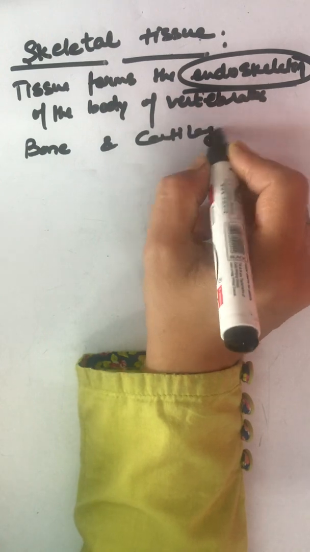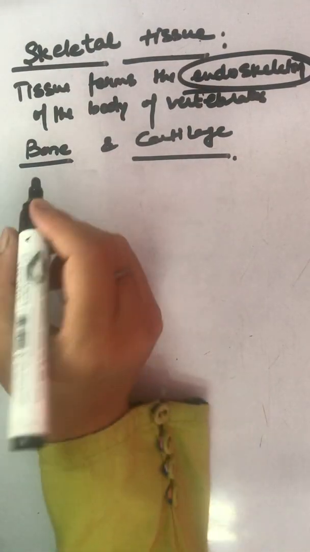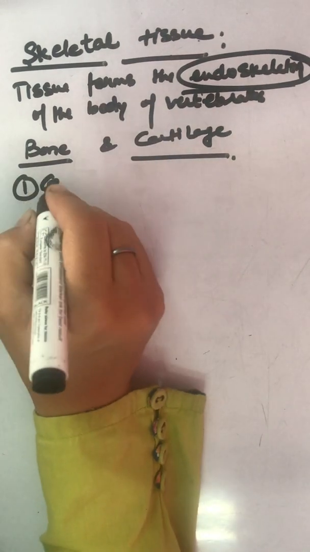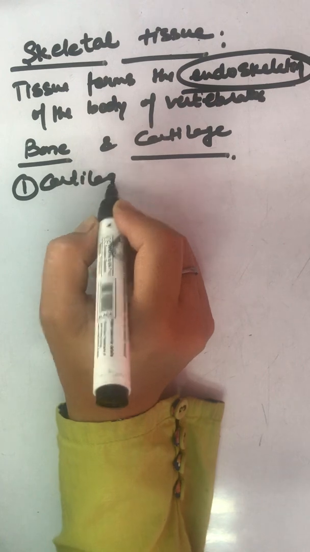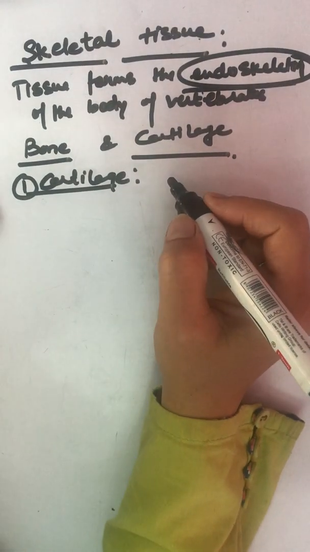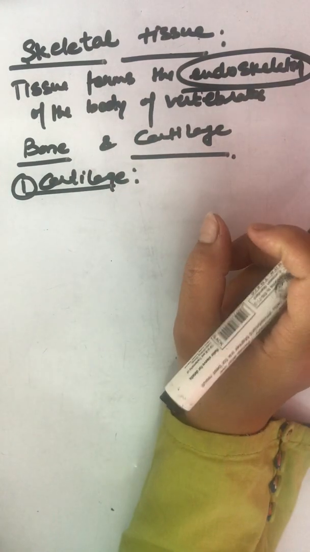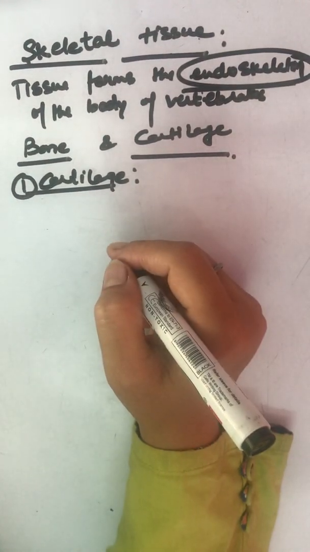Okay? Bone we all know. What is cartilage? Let us start with cartilage first. Cartilage, you know, touch your ear. You may see that it can be easily folded, the pinna of the ear, the outer structure.